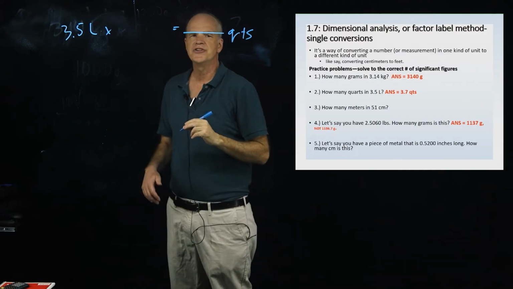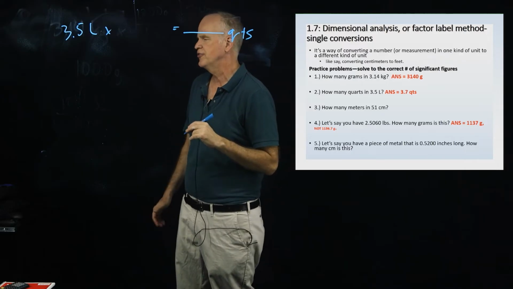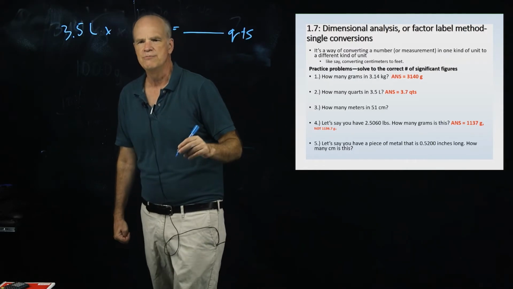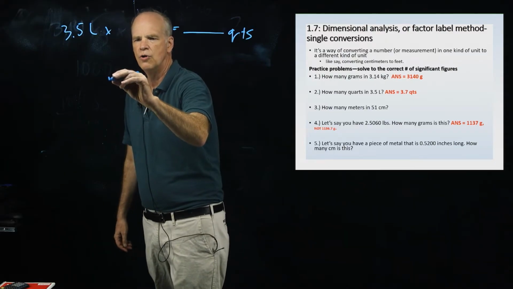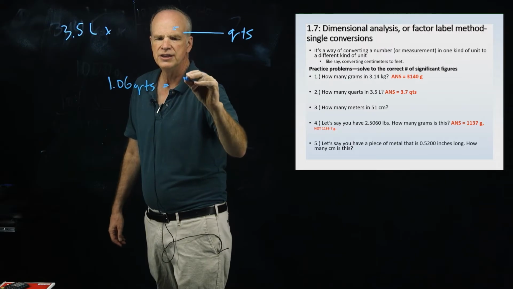So what we have to do is think of the right conversion for liters to quarts. This is one of these conversions you have to memorize, unfortunately, for this class. You may have to remember that there are 1.06 quarts in 1 liter.